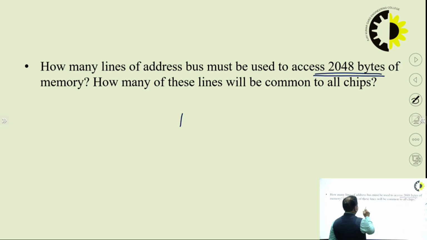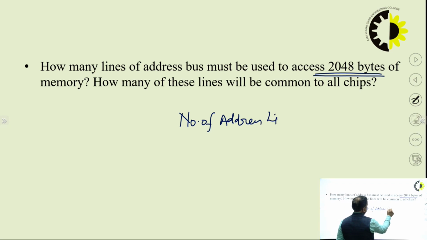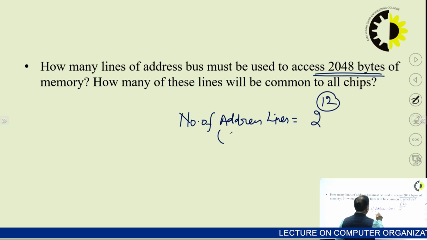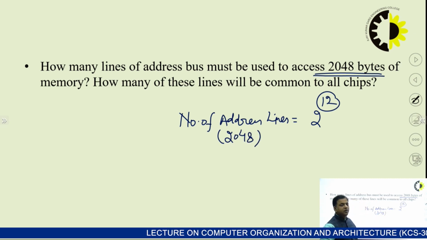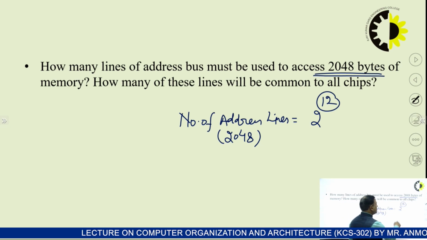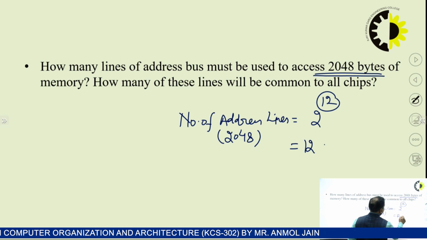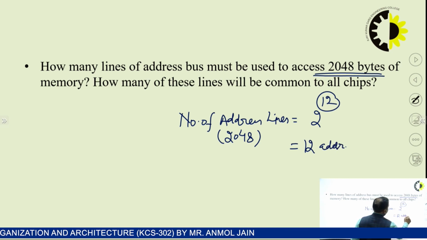So, number of address lines, that is 2 to the power 12, because 2048 addresses can be written in the form of 2 to the power 12. So, 12 address lines are required.